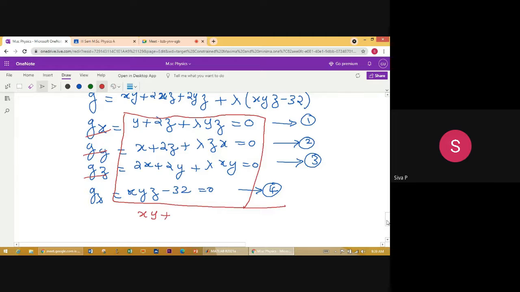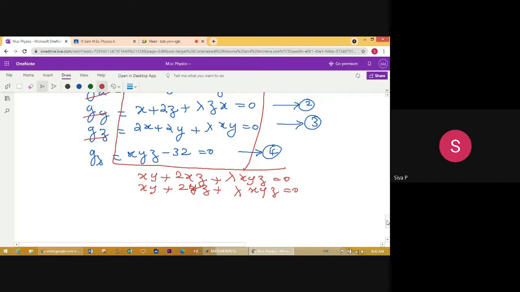xy plus 2xz plus lambda xyz equal to 0. Okay. Multiply with y here: xy plus 2yz plus lambda xyz equal to 0.